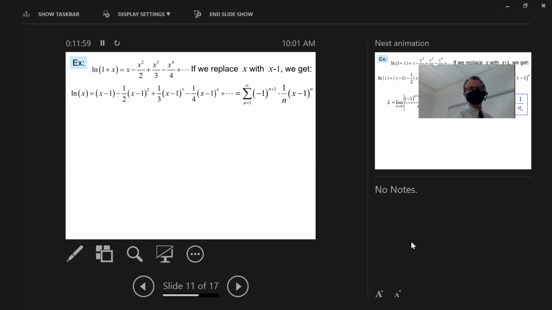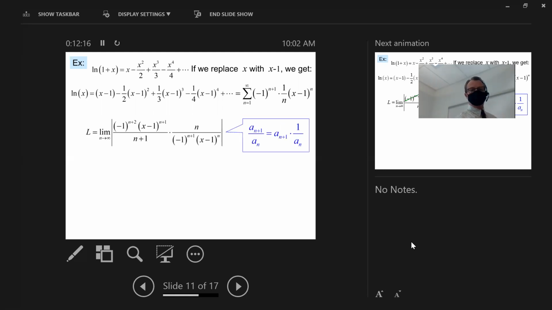Now you notice what's happening? The signs are alternating. And that's what this is saying. You've got this n in the denominator, which is arithmetic. You have x take away 1 to the n. Here is the ratio test. Now think about this. This is kind of awkward how they did this. They skipped a step.